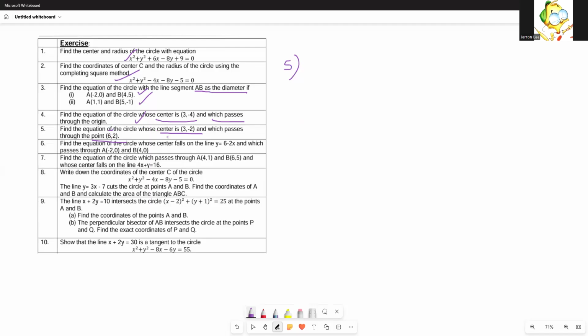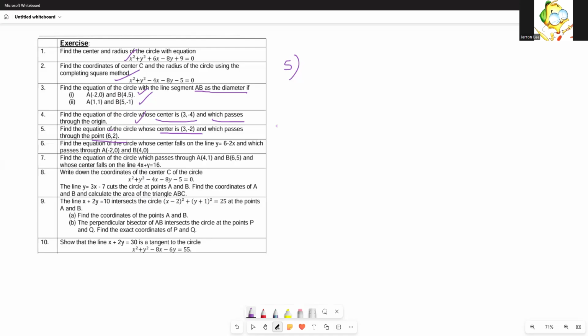Not too difficult. But for a start, do not substitute values to form two equations. Just find the distance between the center and the point, which is considered to be your radius. So you can just do it on your own.